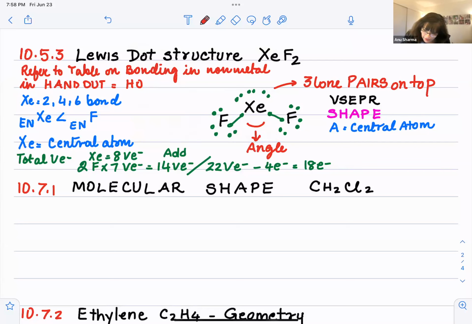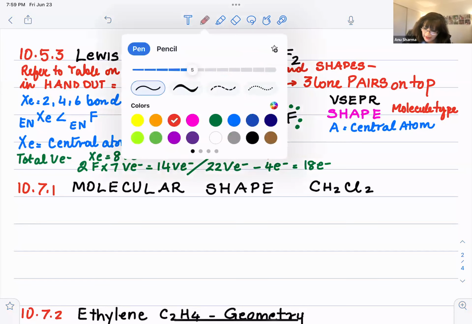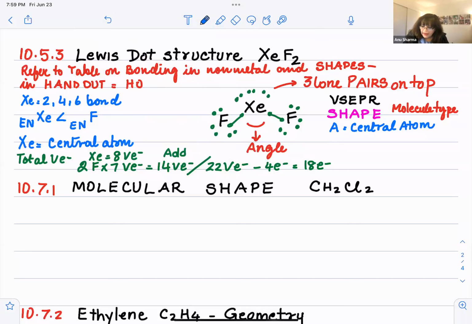Refer to the table on bonding in nonmetals and shapes. For the shapes also, you will have to refer to the table. From there we see the type is molecule type, A, X, E. A stands for the central atom, so in this case it's xenon.